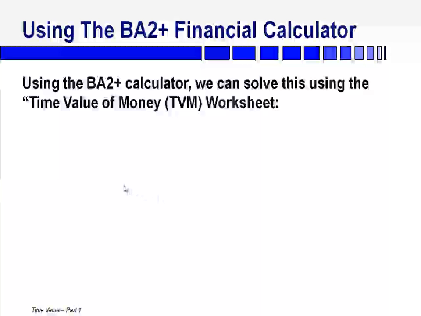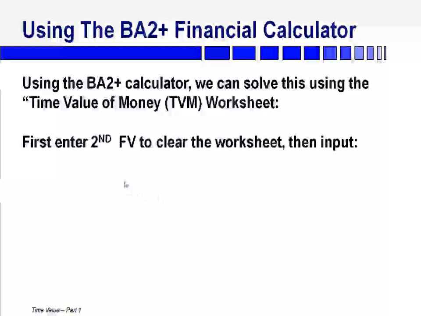In general, you'll typically want to start a problem by clearing the worksheet. And to clear the worksheet, you hit the second key, which is on the left-hand side of the second row from the top, followed by the FV key. And that FV key is on the right-hand side of that same row.